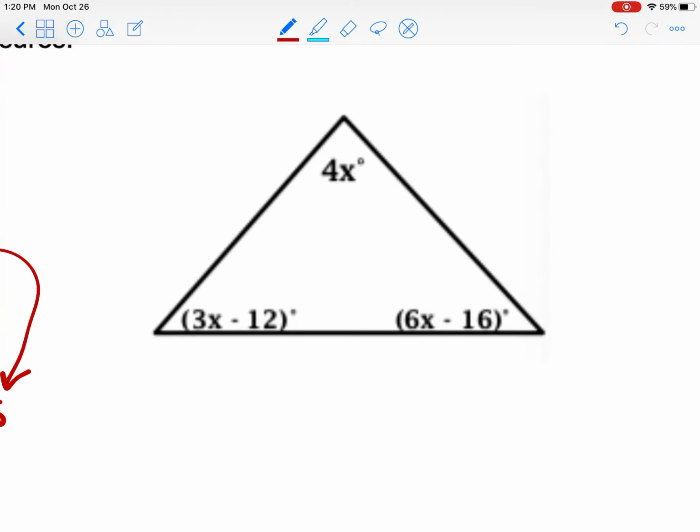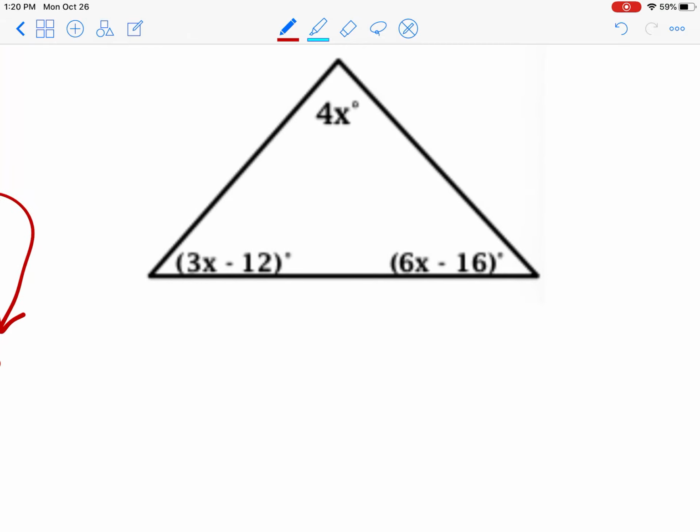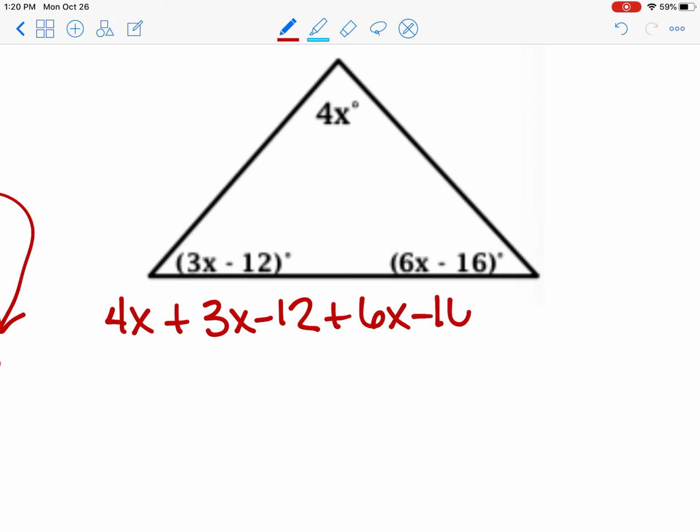The next example is giving you something for all three angles. We know to add them up and set them equal to 180. So we take all three angles, add them together: there's one angle, the second angle, and the third angle, and that's all going to add up to 180 degrees.